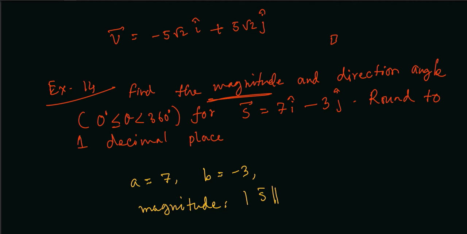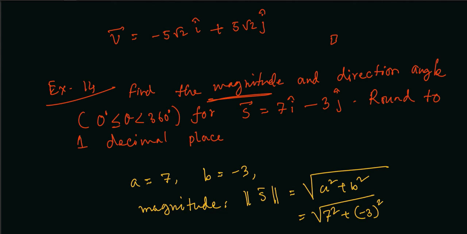So the magnitude equals square root of a squared plus b squared. So a is 7 squared plus negative 3 squared equals square root of 58. If you simplify, you should get square root of 58.